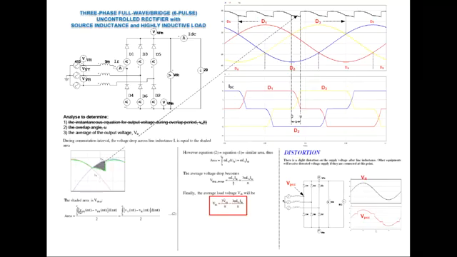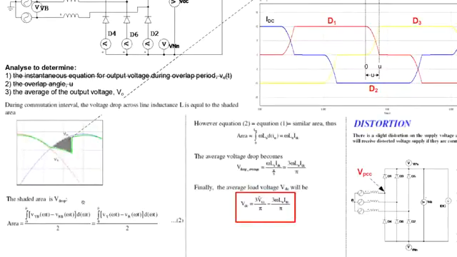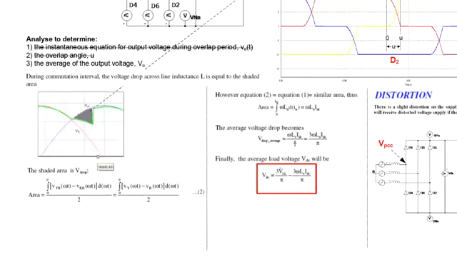To be able to do that, we simply look at the equations here. We know that the Vout here is in the middle between the two line to line voltages. So how do we get the area under the curve? You integrate VYB minus VRB.